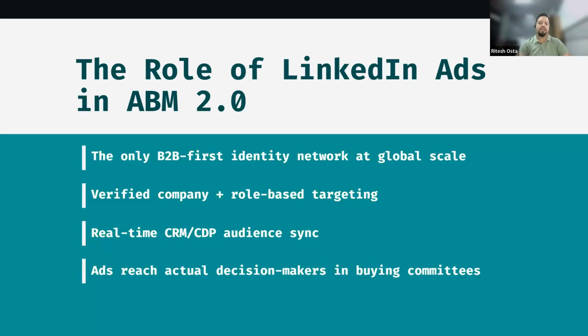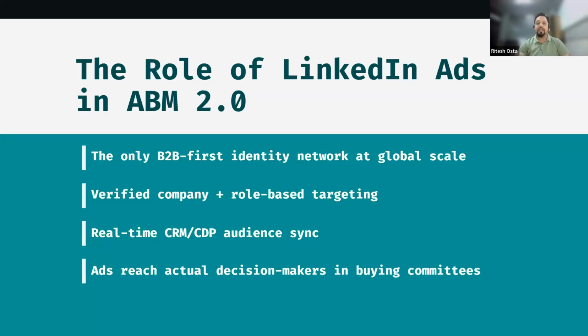LinkedIn is a professional network. It always has been, and people treat it as a platform for their profession. So they take great care in updating their information on LinkedIn. So LinkedIn, in my opinion, has got the best professional data across all channels. And if you're not using LinkedIn effectively, I think you're missing out a lot.